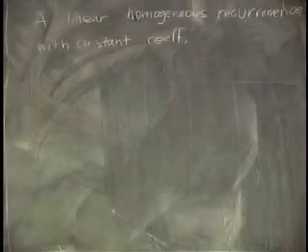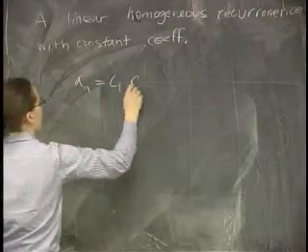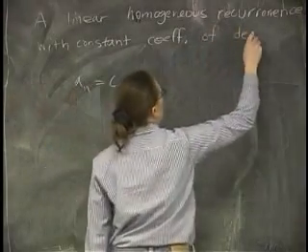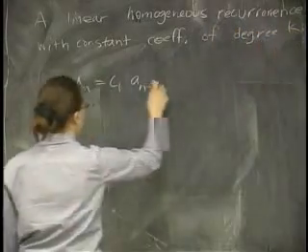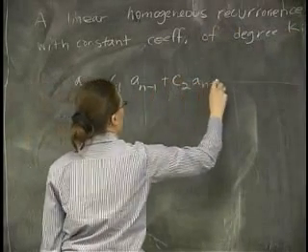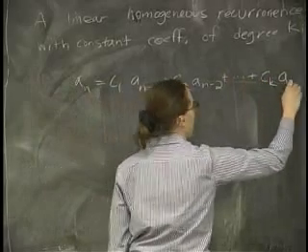That simply means I have a recurrence of the form an equals c1 an minus 1. Oops, and I should put a degree here, of degree k. So c1 an minus 1 plus c2 an minus 2 plus all the way down to ck an minus k.